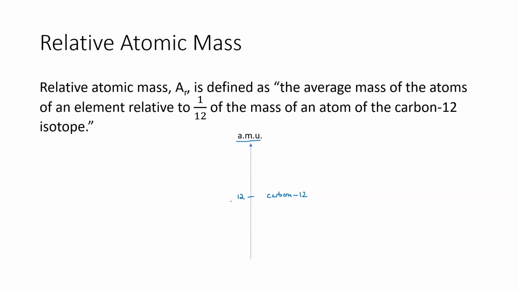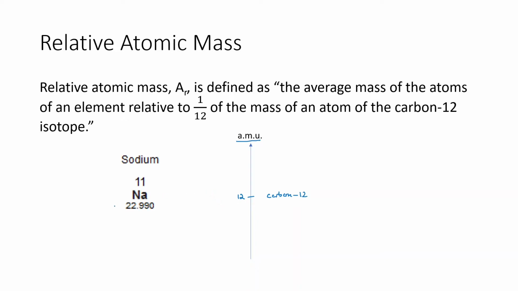So if you have a scale on which a mass of 12 is reserved for carbon 12 isotope atoms, then you're going to compare the average masses of atoms of elements to this particular isotope's mass.